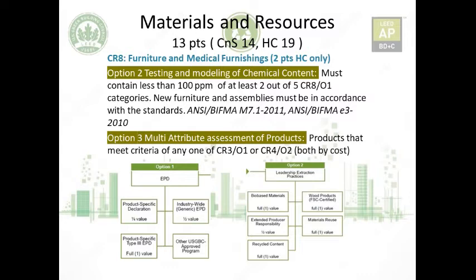So CR3 was building product disclosure optimization, environmental product declarations, and CR402 was building product disclosure optimization, sourcing of raw materials. But if you remember, the option number 1 in environmental product declaration was based on number of products, but here it is to be based on cost.